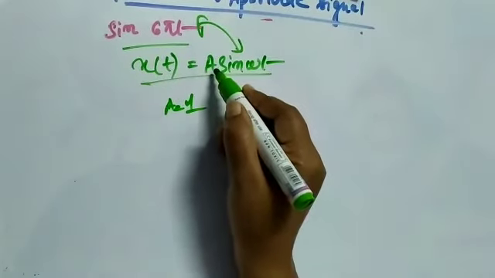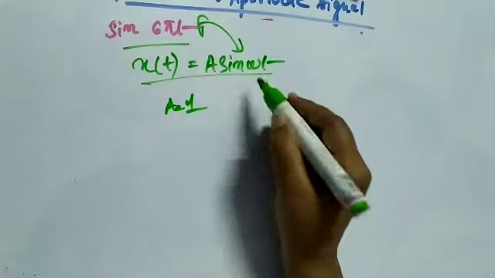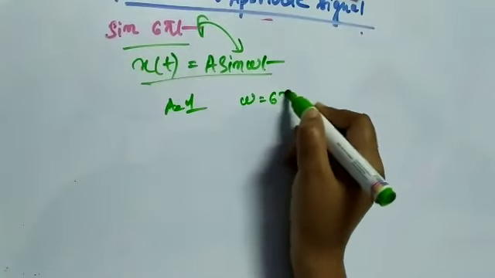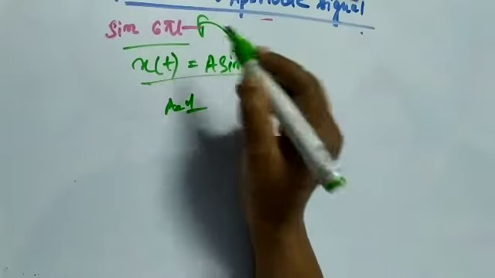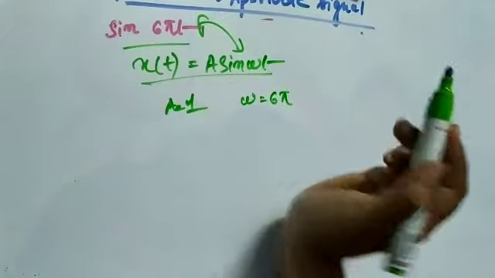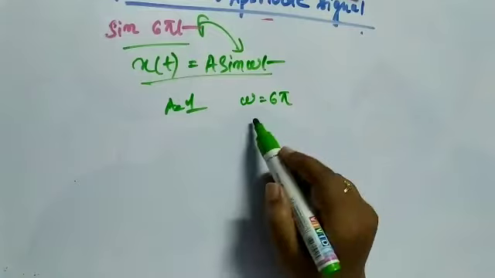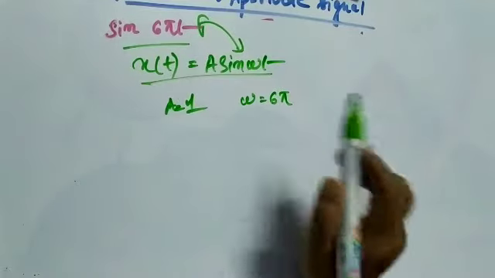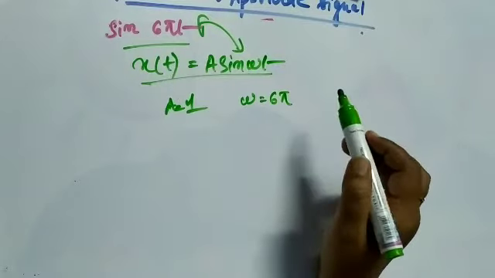A is the maximum amplitude of the sinusoidal signal, and the value of omega equals 6 pi. Beside this t, whatever is present is the omega value. So amplitude equals 1 and omega, or angular frequency, is 6 pi.